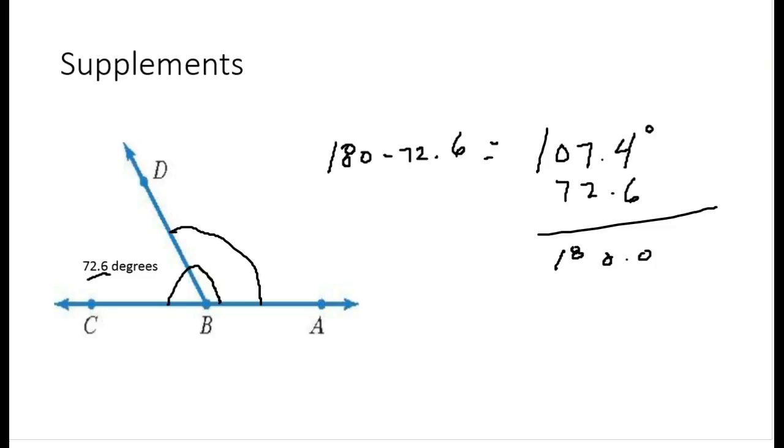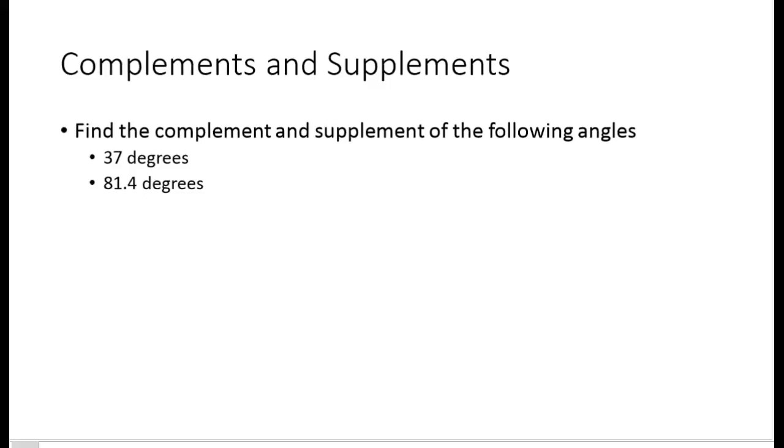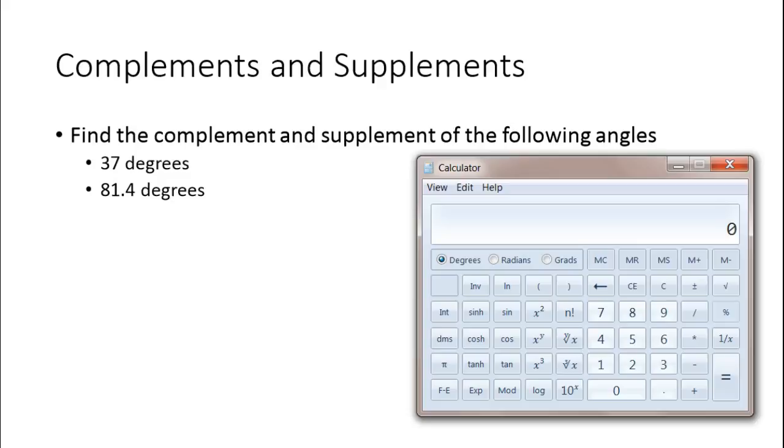All right, let's take a look and see what else we can look at here today. Find the complement and supplement of the following angles, 37 degrees. As far as the complement goes, we are simply going to say 90 minus 37 equals 53.